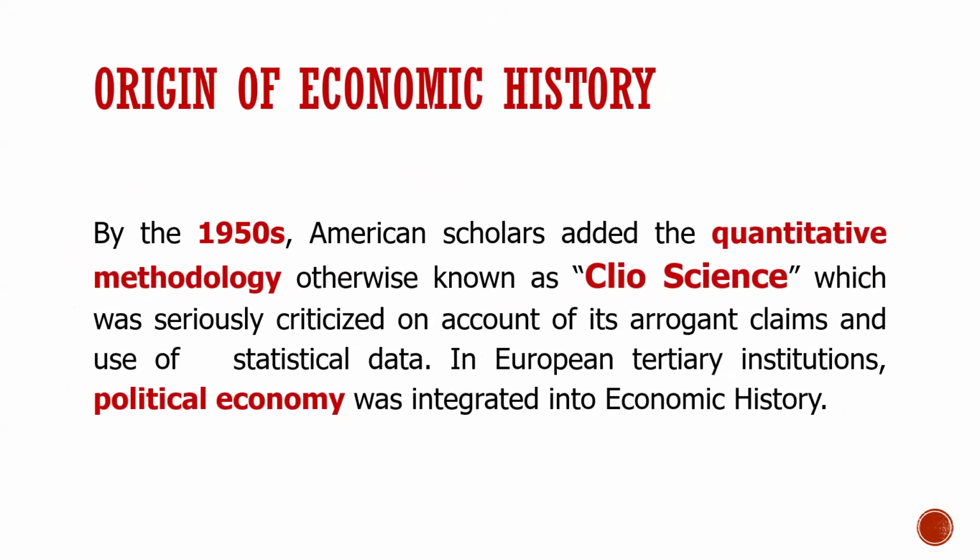And by the 1950s, American scholars added the quantitative methodology, otherwise known as Cliometrics, which was seriously criticized on various grounds, especially its arrogant claims and use of statistical data, because scholars before this period have always relied on the qualitative, you know what I mean, qualitative and quantitative.